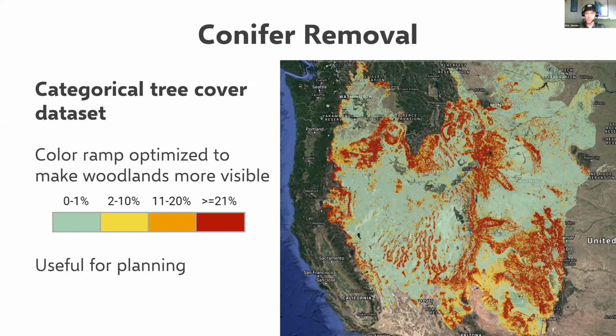When you're looking at a regional scale map with your collaborators at different agencies or organizations, this can be a useful one to look at because those conifer areas just jump out at you, and you can look at it for every year between 1984 and 2020. I just want to point that one out. It can be useful for drawing out some of those different classes of woodland density.